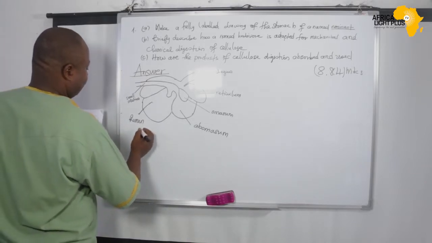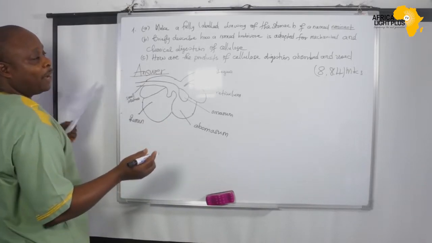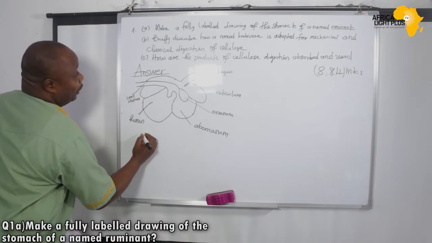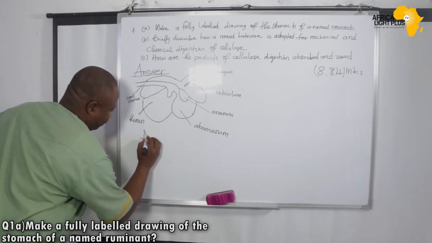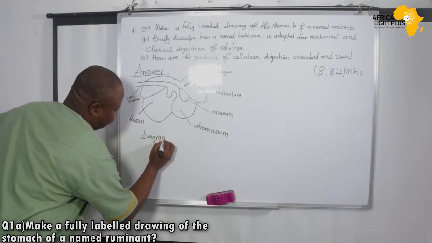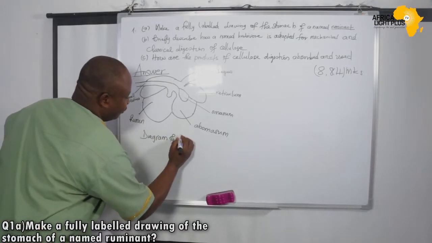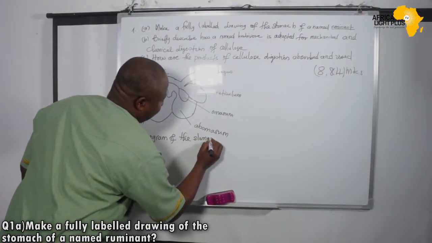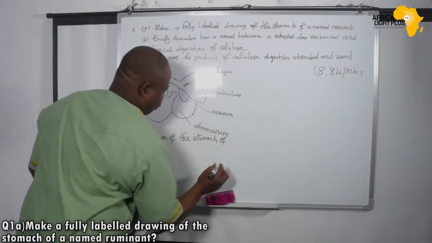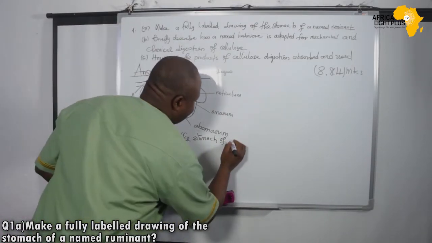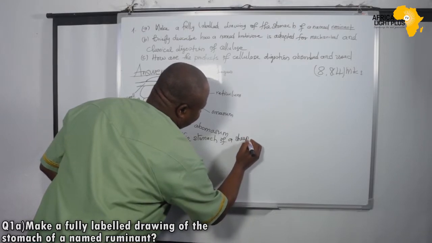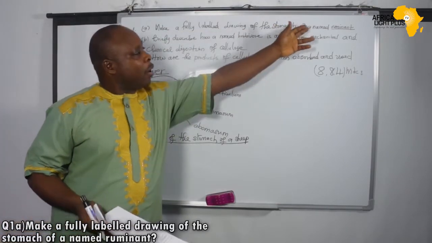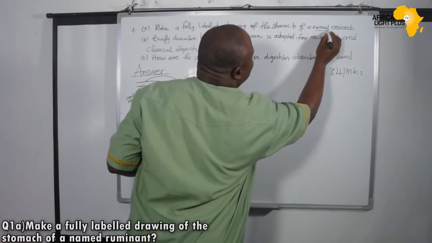So normally, every biological diagram must have a title. So under our diagram, we say: diagram of the stomach of a sheep, because our question says a named.